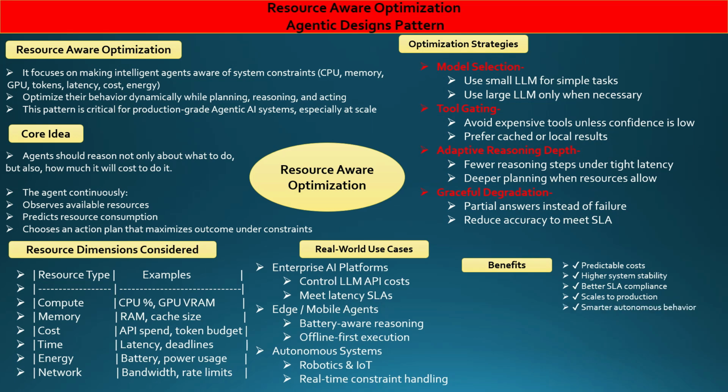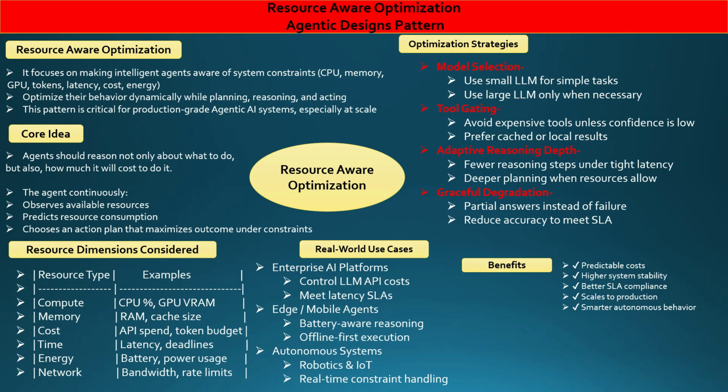Smarter autonomous behavior. The agent behaves like an experienced engineer, not a naive task solver. It helps to weigh quality versus cost versus time.